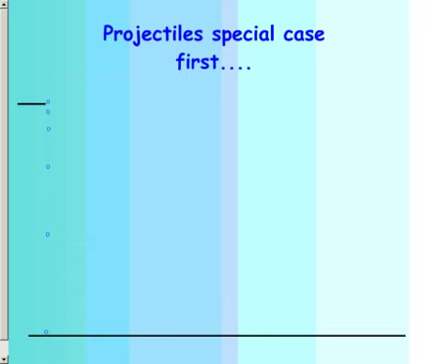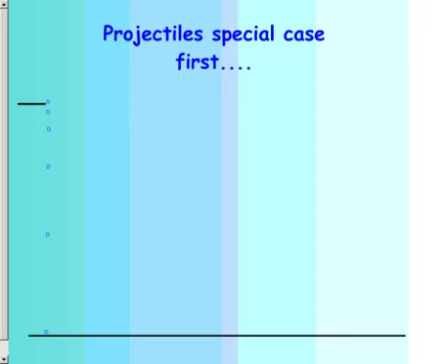So let's look at projectiles, but let's have a special case first. And we've been dealing with this for a little while with our labs, which is we're going to launch them horizontally. Okay? And we talked about launching them horizontally and dropping something at the same time. And we found that they drop at the same speed as they fall towards the ground.